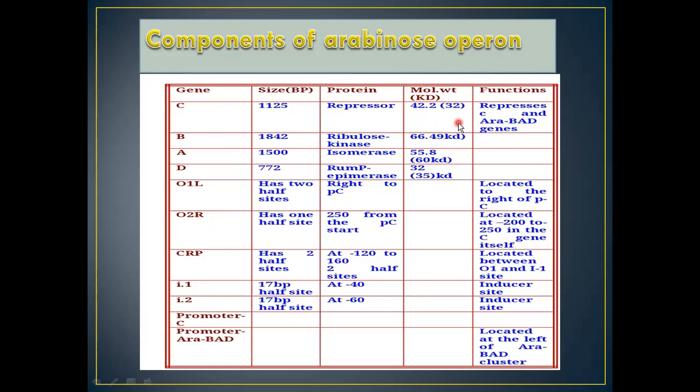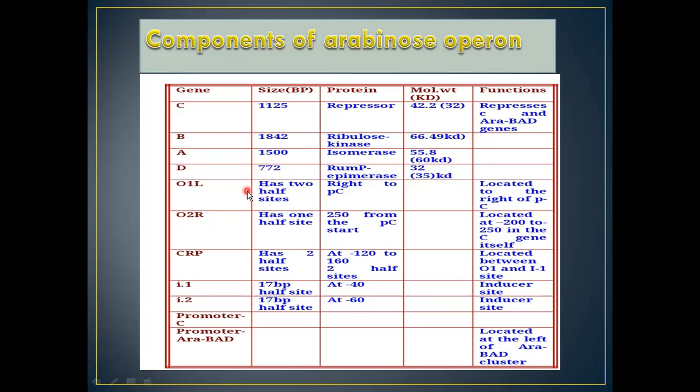It functions as a repressor of the ara-BAD genes. The gene B has 1842 base pairs. The protein is ribulokinase, with a molecular weight of 66.49 kilodaltons. Gene A is 1500 base pairs, and the protein is isomerase, with a molecular weight of 55.8 kilodaltons. Gene D is 772 base pairs, the protein is ribulose-phosphate epimerase, and the molecular weight is 32 kilodaltons.